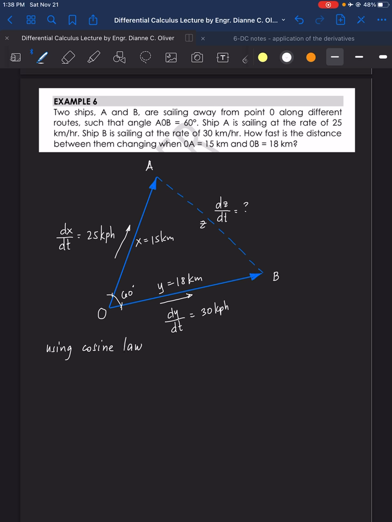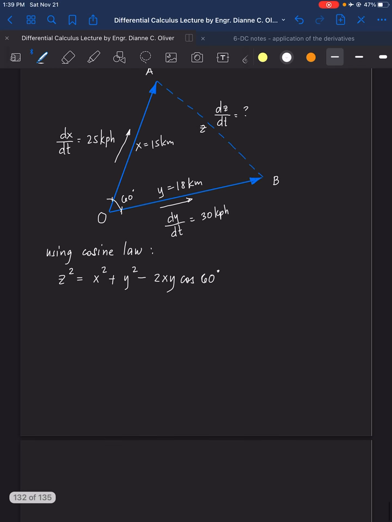According to the cosine law, if the angle here is given, then the side opposite that angle, z squared, equals the sum of the squares of the adjacent sides, x and y, minus twice the product of those adjacent sides, times the cosine of the angle, 60 degrees in that figure.